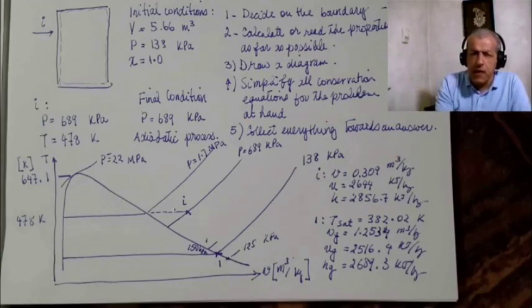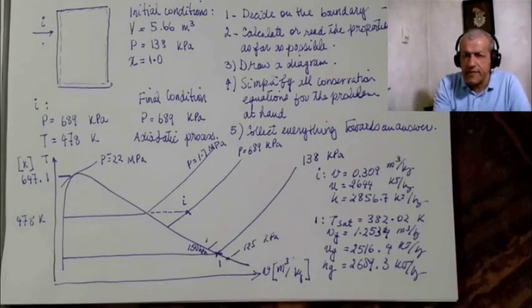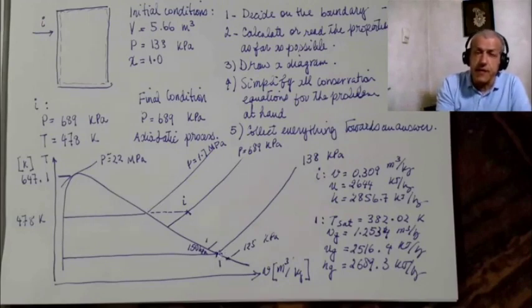You see, it's very difficult to guess that this is the incoming fluid, which is warmer, has a higher temperature, and has a higher pressure than what is already inside the tank.